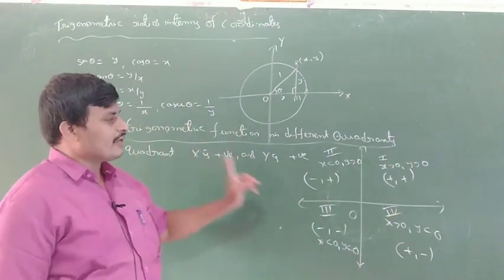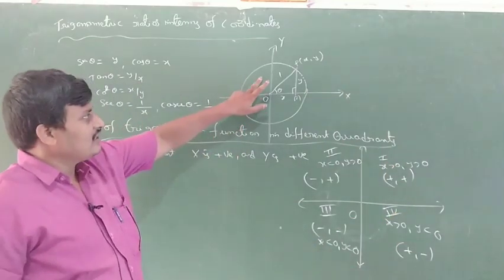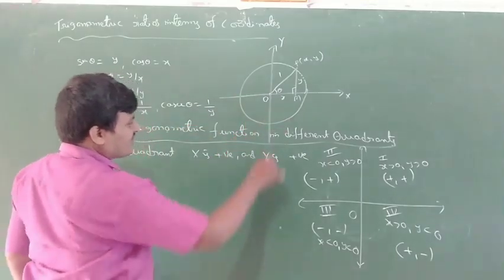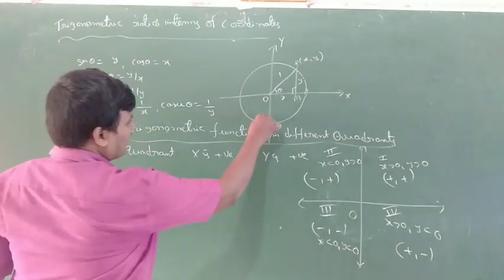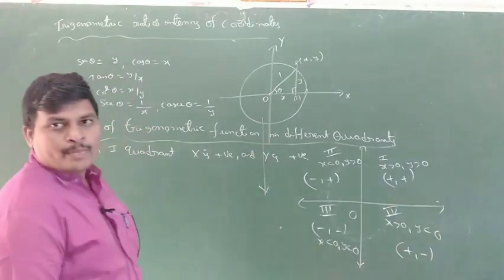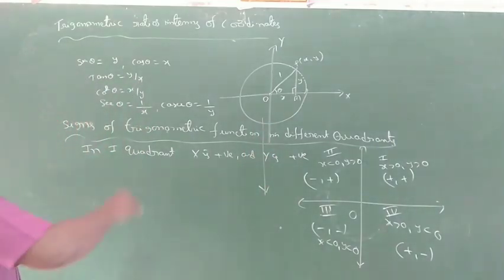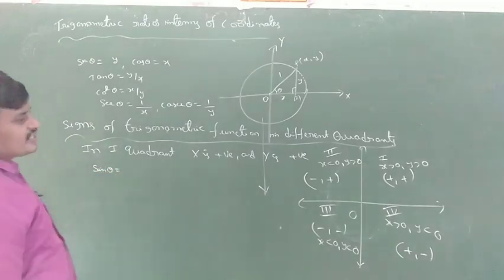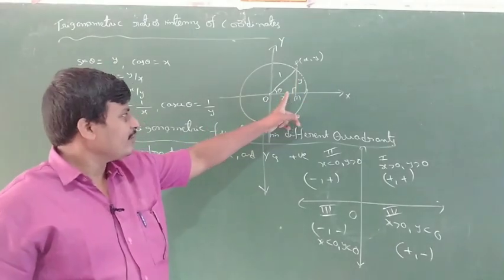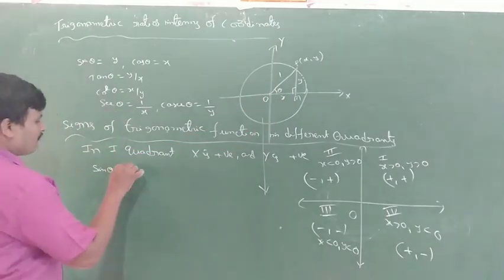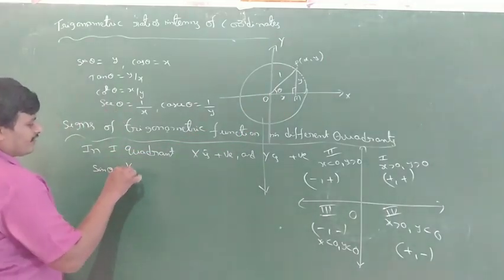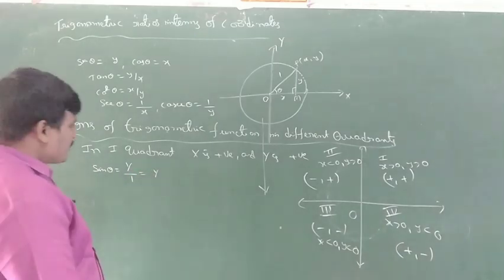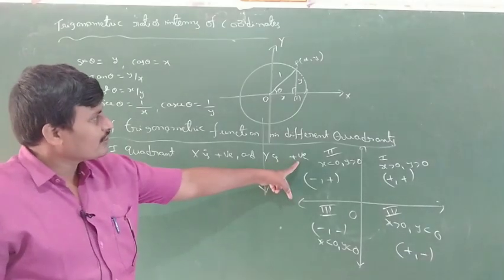Let us see the diagram, same as the diagram here. First, sin theta is equal to what? Opposite side by hypotenuse, y by 1, that is equal to y. In the first quadrant, is y positive or negative?